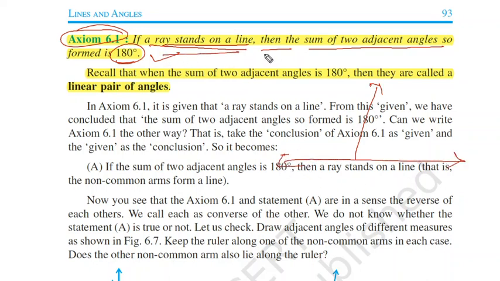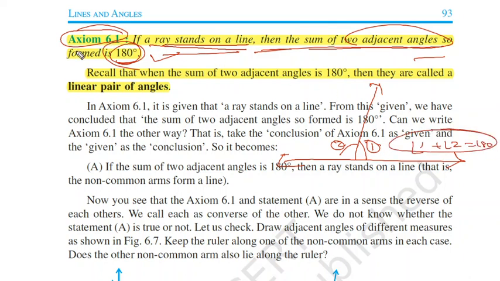If a ray stands on a line, then the sum of the two adjacent angles so formed is 180 degrees. You don't need to prove it, as I have already told you, axioms are universal truths which don't need any proof. So let's draw a ray standing on a line. You can see two adjacent angles are formed. Suppose one is angle 1 and the other angle 2. The sum of angle 1 and angle 2 will be equal to 180 degrees. This is called your axiom. You can remember it as axiom 6.1.